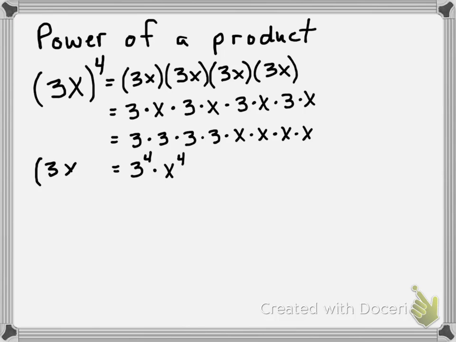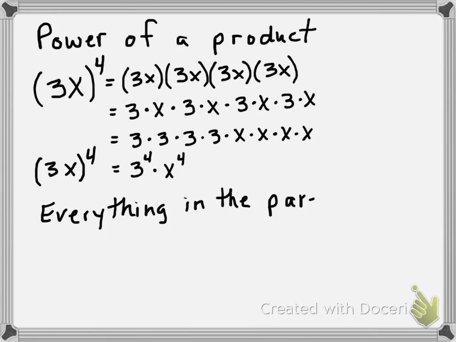So 3x raised to the 4th power is equal to 3 to the 4th power times x to the 4th power. So, our rule for power of a product, as you can probably see, is just that everything in the parentheses gets the exponent. Every piece of the product gets raised to the power.